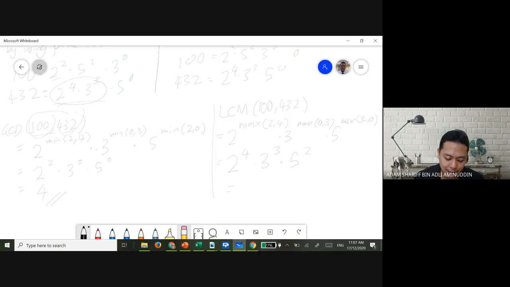We get a moderately large number. 16 times 27 times 25, it will be 10,800. This is the common multiple between 100 and 432. The difference is just maximum compared with minimum. Maximum, minimum, minimum, maximum.